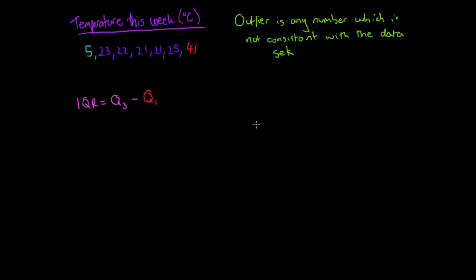Q3 will be at the (n plus 1) divided by 4, times 3 observation, and Q1 is going to be at the (n plus 1) divided by 4 observation. These are our two handy formulas to quickly shortcut to the IQR.